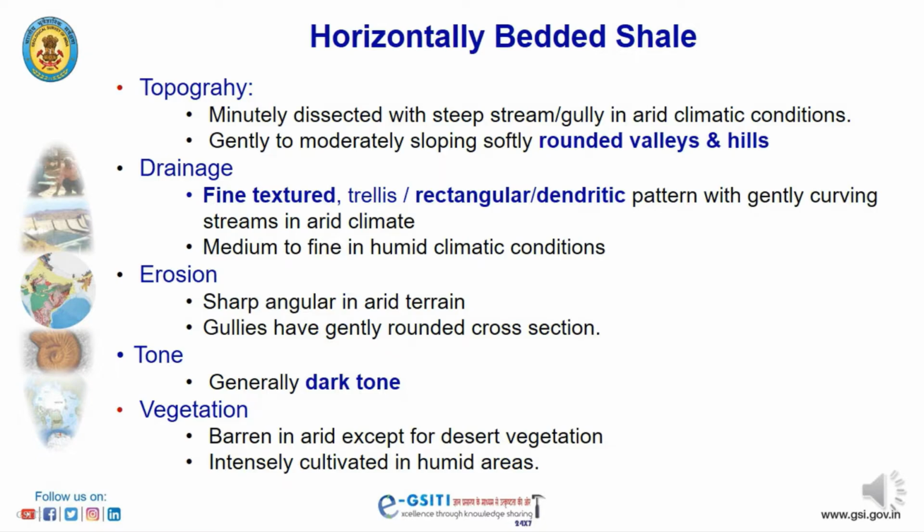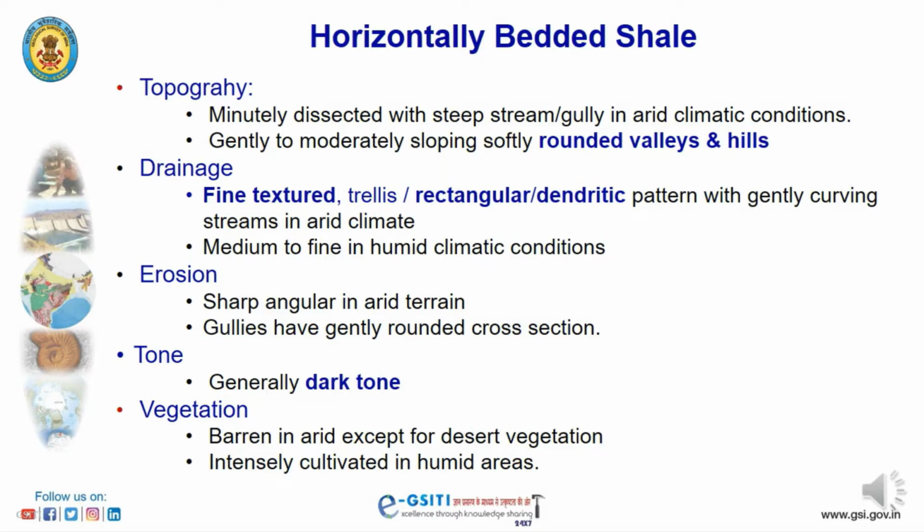Coming to shale, topography-wise, minutely dissected with steep streams or gullies in arid climatic conditions; they form gently to moderately sloping, softly rounded valleys and hills. Drainage: fine textured, trellis or rectangular or dendritic pattern with gently curving streams in arid climatic conditions.